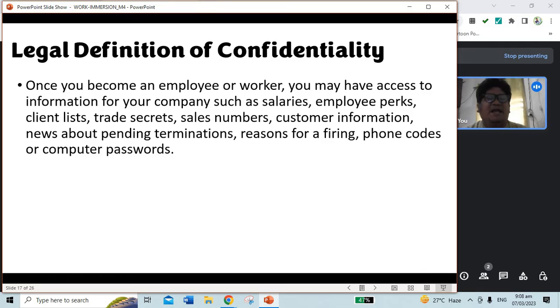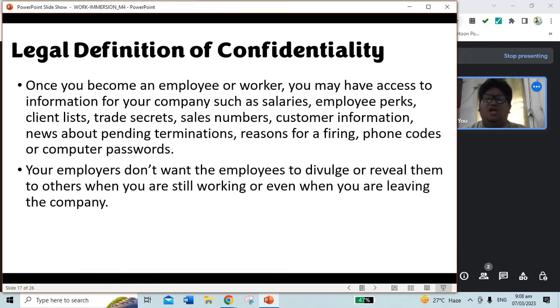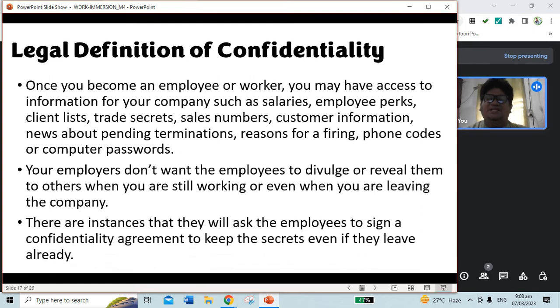So lahat ng mga yan ay confidential dapat yan. So your employers don't want the employees to divulge or reveal them to others when you are still working or even when you are leaving the company. So, there are instances that they will ask the employees to sign a confidentiality agreement to keep the secrets even if they leave already.